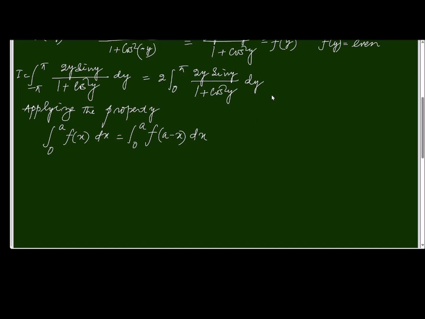So let me multiply here. It will be 4 times the integral from 0 to pi of y sine y over 1 plus cos square y. This integral is denoted by I.